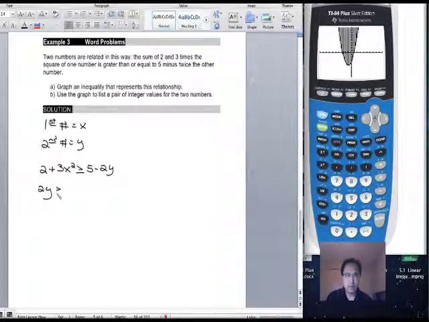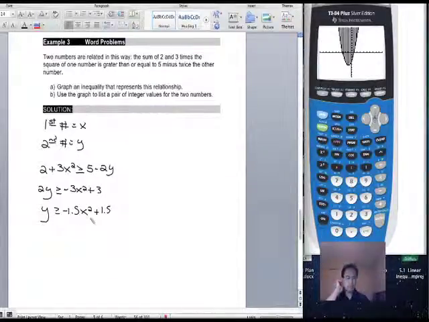Solve for y in this case. We'll subtract 3x squared. We'll subtract 2 from both sides, so it gives us plus 3. And then we'll just divide everything by 2. So y is going to be greater than or equal to, let's put this to a decimal, negative 1.5x squared plus 1.5.